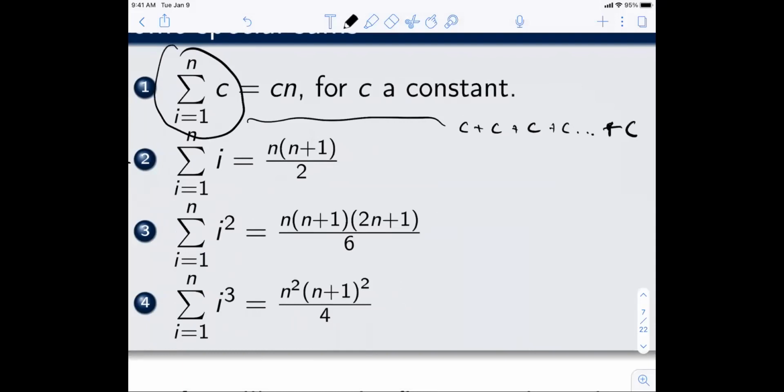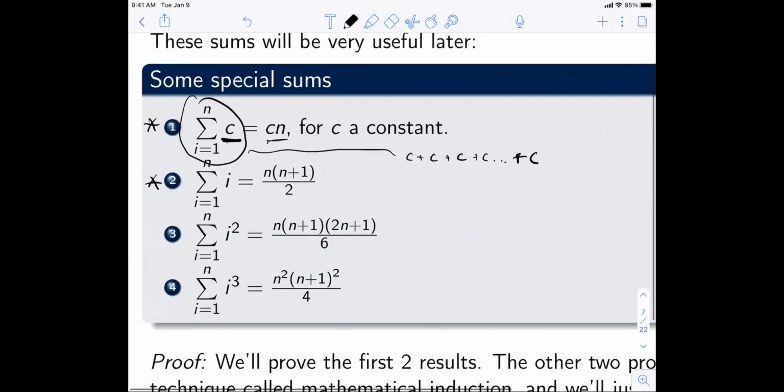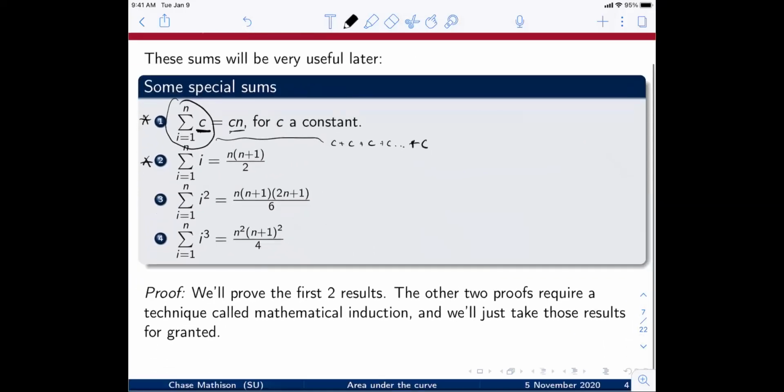Well, then the right-hand side, obviously, is c times n, right? That one kind of proves itself. c has to be a constant number for that to be true. Notice that there's no i happening inside this sum, so there's no index telling me how to change to get my next term in the sum. So I kind of already just proved the first result.